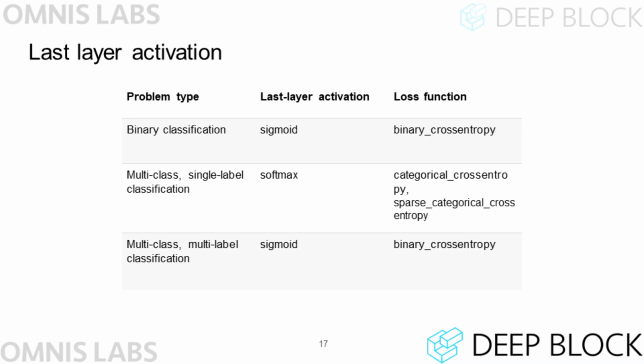In the binary classification we learned last time, the sigmoid function was used as the activation function of the last layer, and a function called binary cross entropy was used as the loss function. However, in the multi-class classification neural network we will be making today, we need to use the sparse categorical cross entropy function as the loss function.